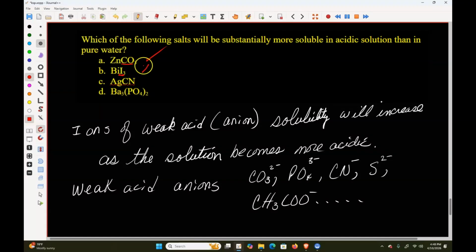So no. Hydrogen cyanide is a very weak acid. So therefore, it will become more soluble in an acidic solution. Phosphoric acid is a very weak acid. Therefore, it has a strong basic anion, which will make it more soluble in an acidic solution. So my answers will be A, C, and D.